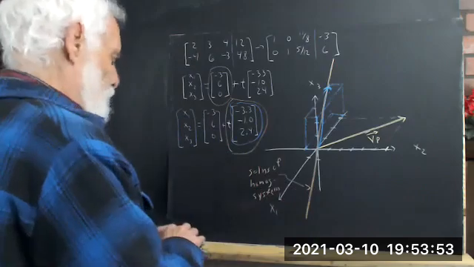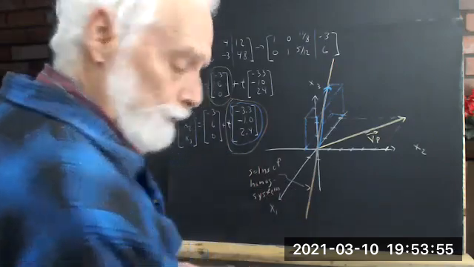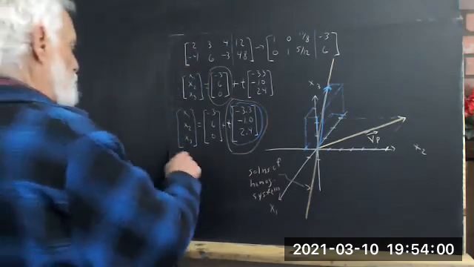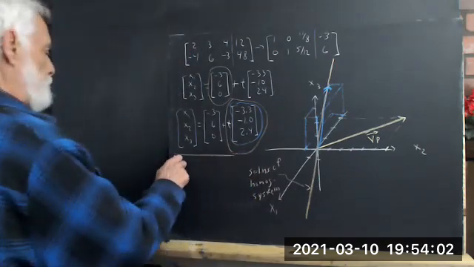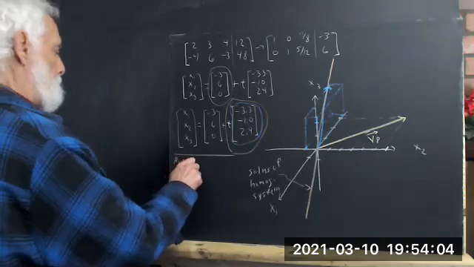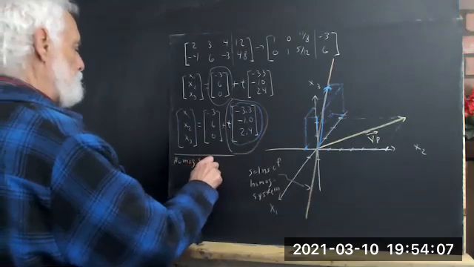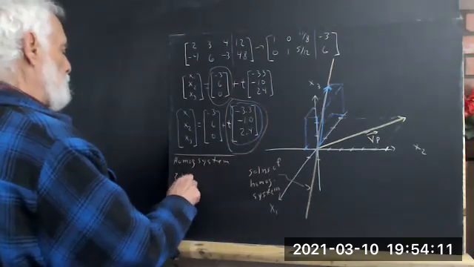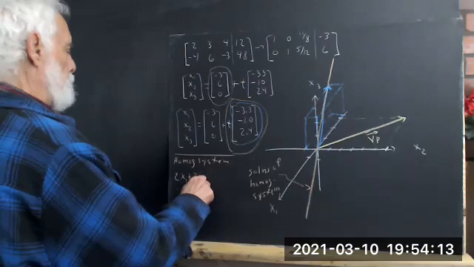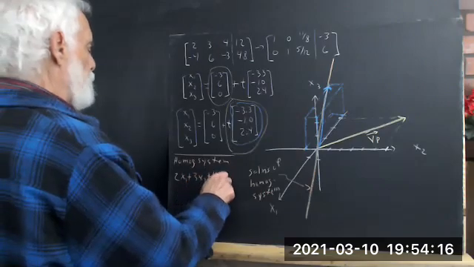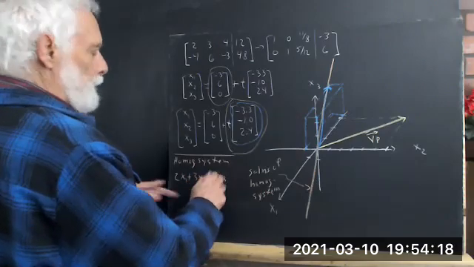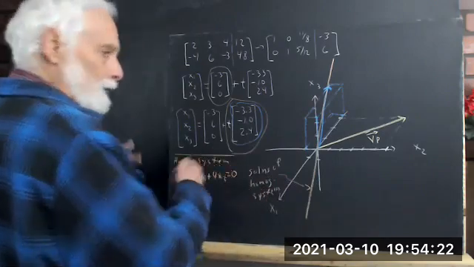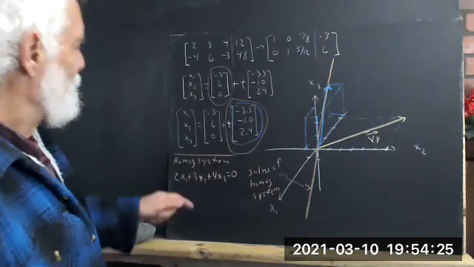Now let's write out the homogeneous system just to make sure we understand the connection. The original system was 2x1 plus 3x2 plus 4x3 equal to 12. In the homogeneous system, it's going to be 0, because that's what a homogeneous system is.